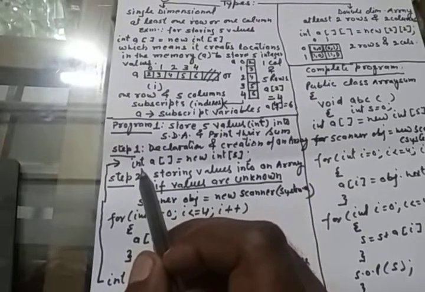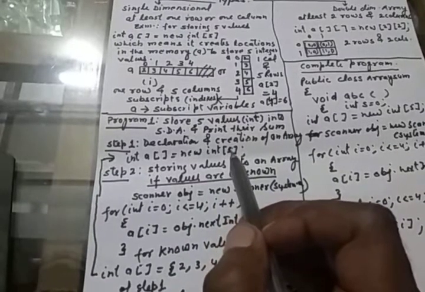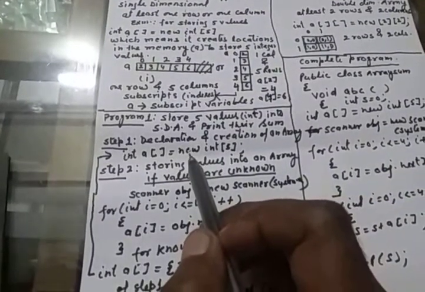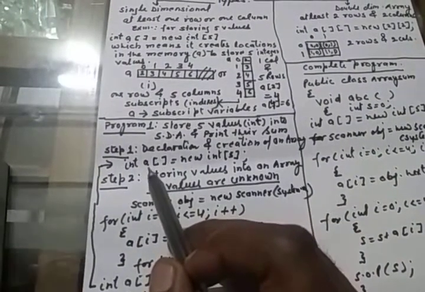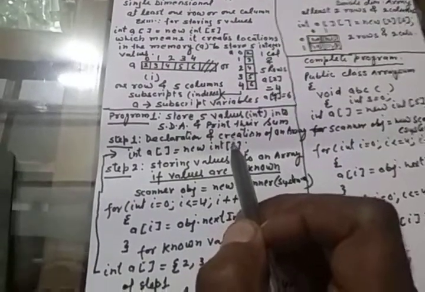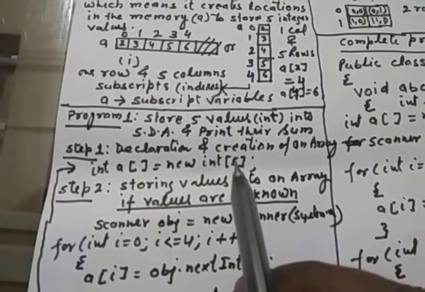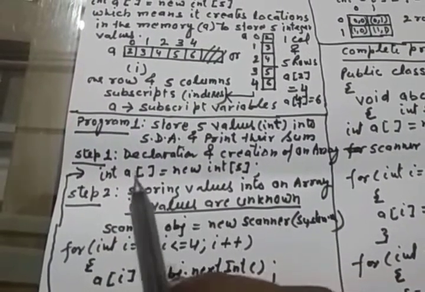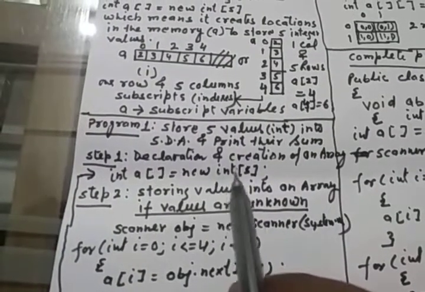So it is int, integer type value, then array name, then brackets, is equal to new int and within brackets 5. So new is a keyword which will create an array whose name is A with 5 locations. So if you want to store 5 values into an array A, you have to write the statement in such a way.